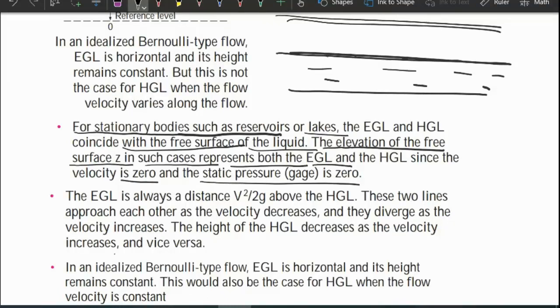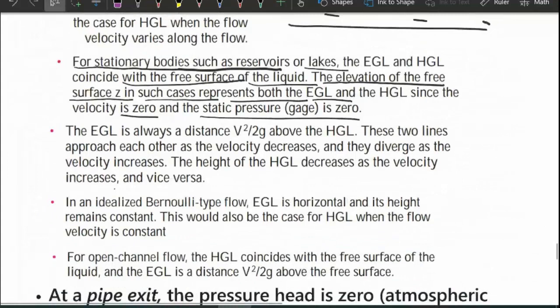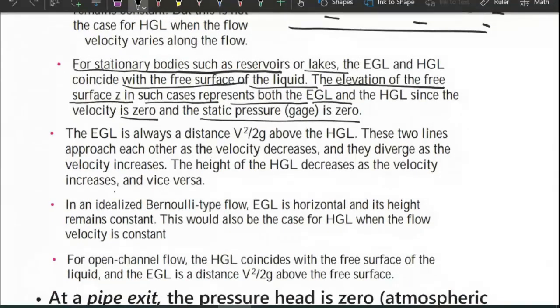So elevation Z will denote both EGL and HGL. You can take Z equal to 0 or some other value, and whatever that value is will represent your EGL and HGL. EGL is always a distance V square by 2g above HGL. Makes sense because you have the extra term V square by 2g in that case.